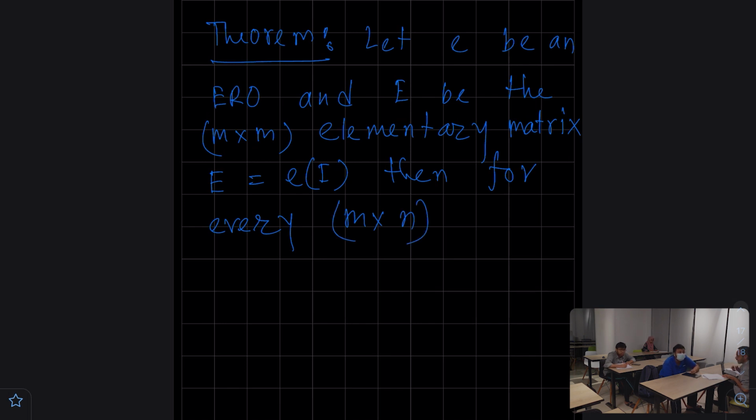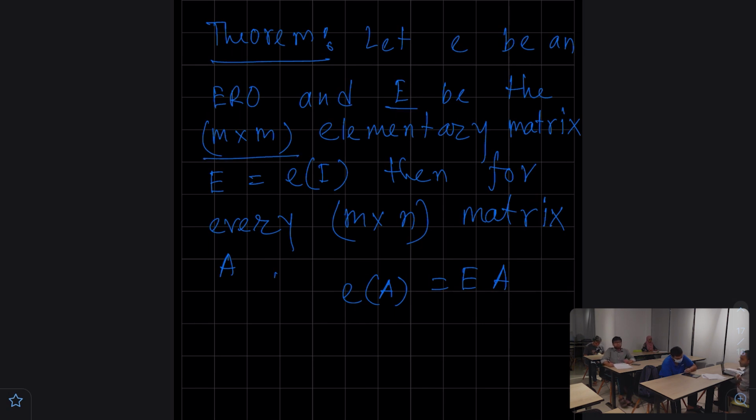So what you just asked a few moments ago, as you can see, the size of E is m cross m, but the size of A is m cross n.